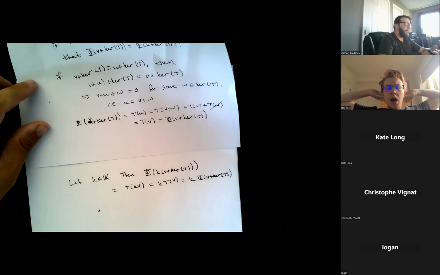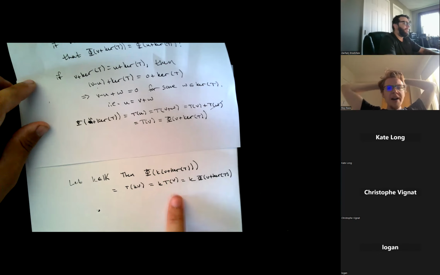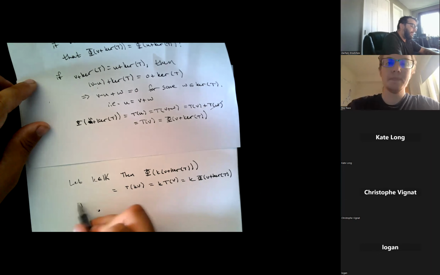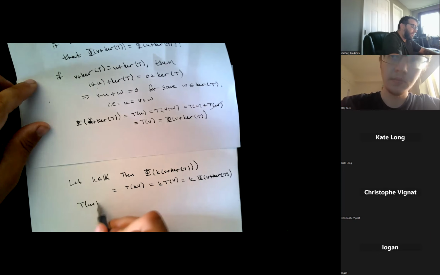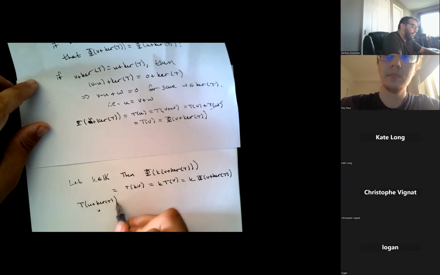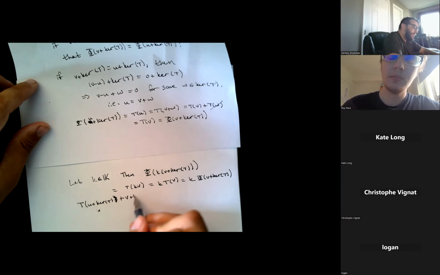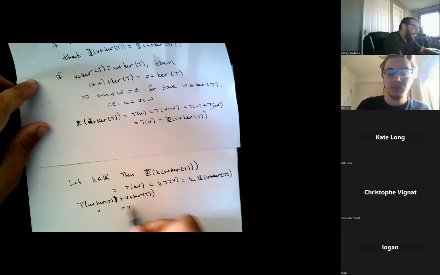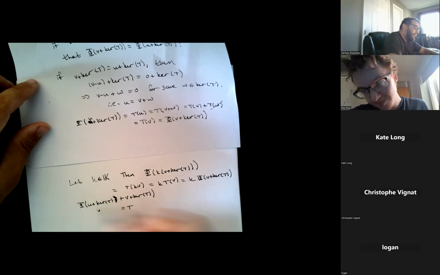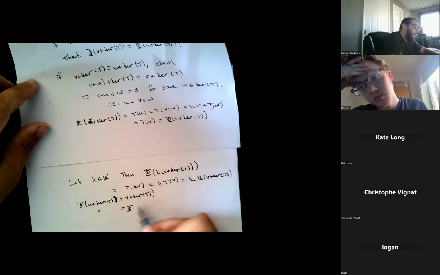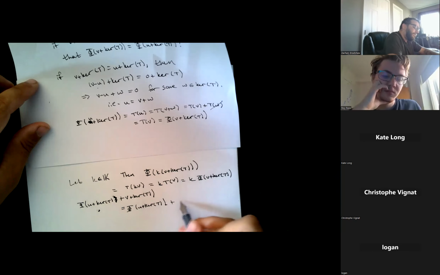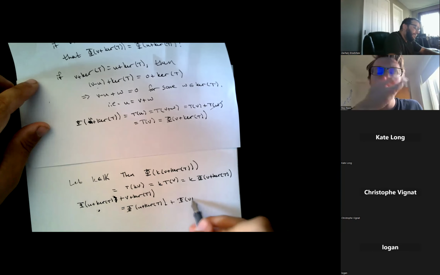Now we need the homomorphism property, and that follows similarly. So to save some time, let me skip that one. But it's also true that phi of u plus kernel of t plus v plus kernel of t is equal to phi of u plus kernel t plus phi of v plus kernel t.